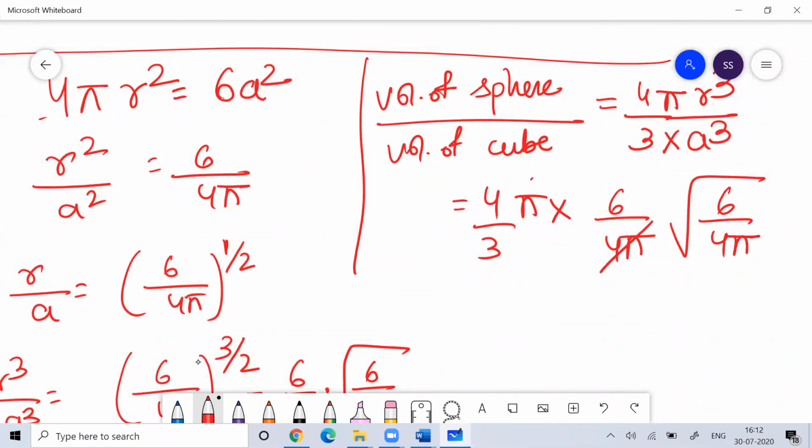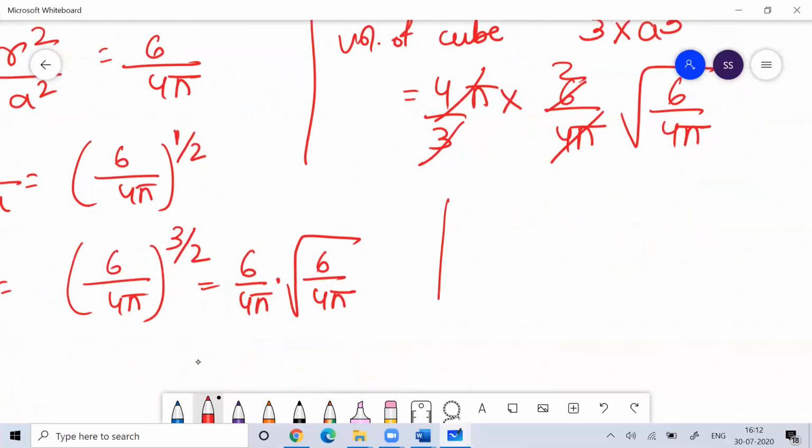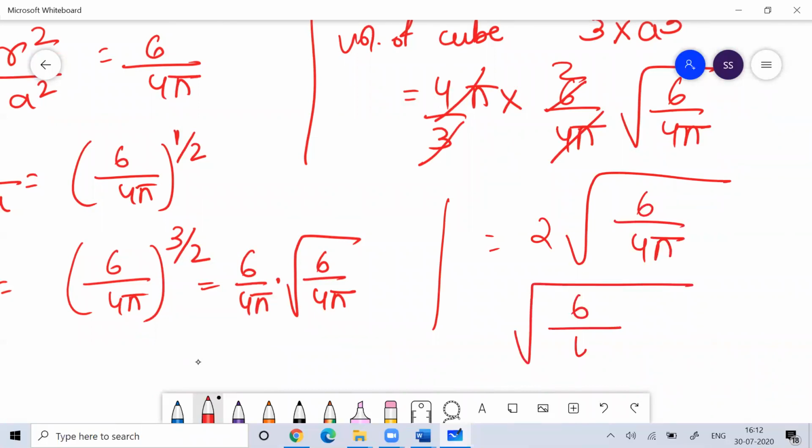So 4 pi gets cancelled. This is 2 times 6 by 4 pi, so if I bring 2 inside, you get 6 by 4 pi into 4. You get the square root of 6 by pi.